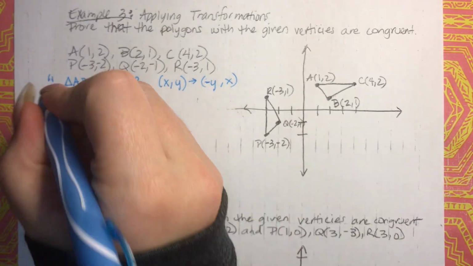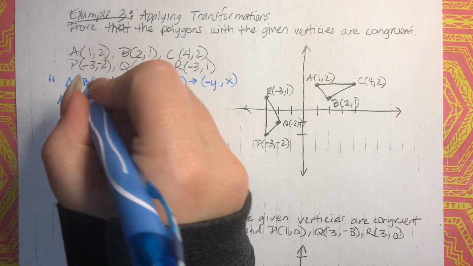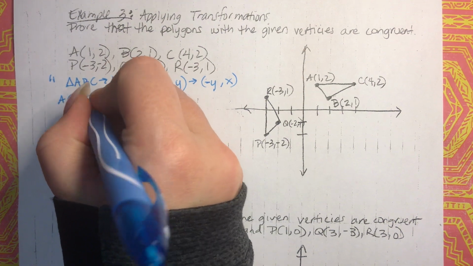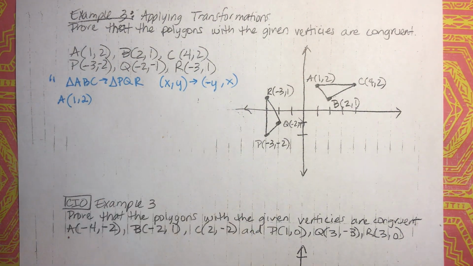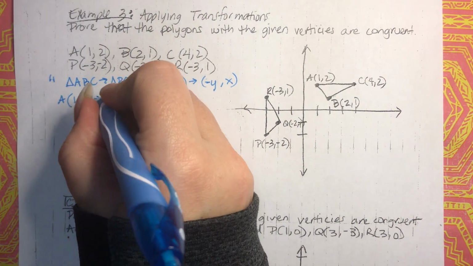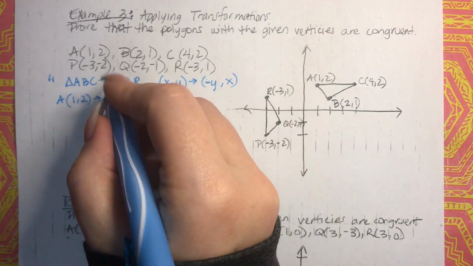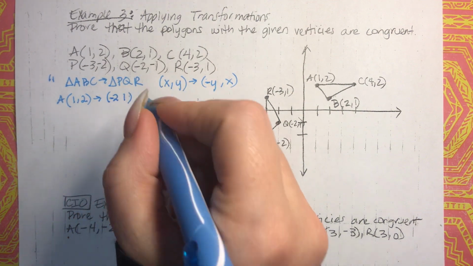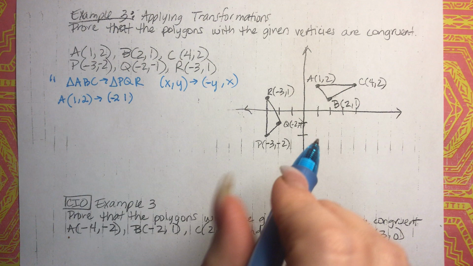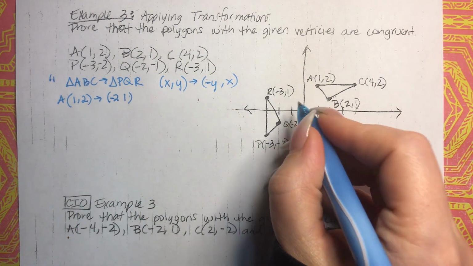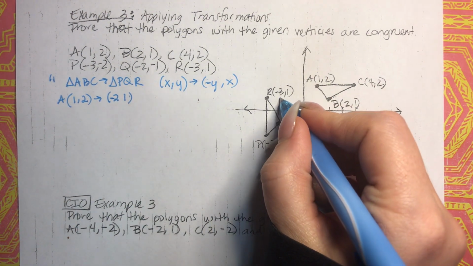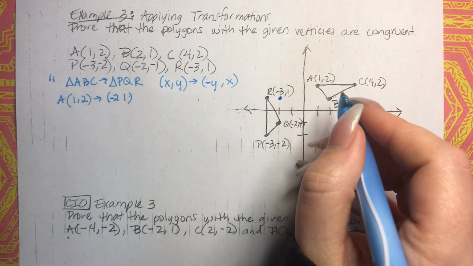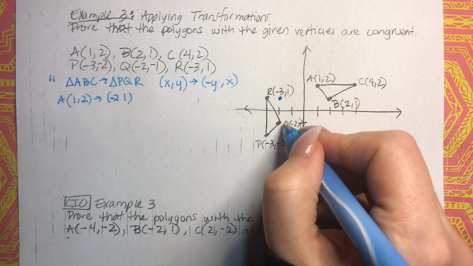So we start with A, and then we apply this rotation, and what happens? We end up with, okay, the 2 and the 1 switch spots, except the y is negative. So negative 2, 1. Negative 2, 1 would be right here. And oh, it doesn't map onto these.